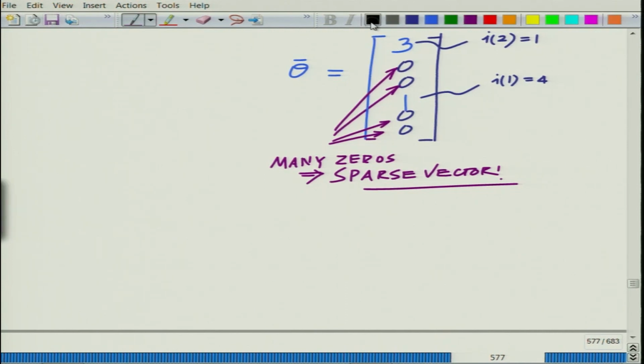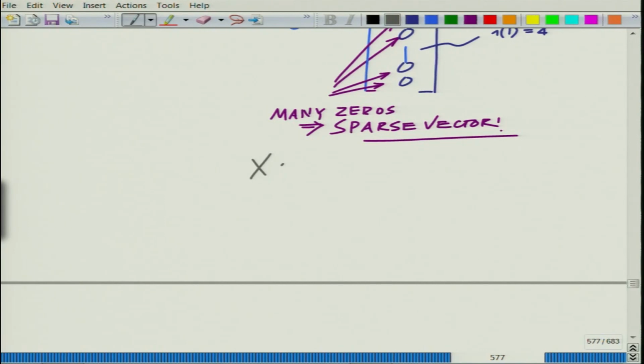Now just to check, you can substitute this in the original equation by looking at x times theta bar. Let us look at that also. So what is x times theta bar?